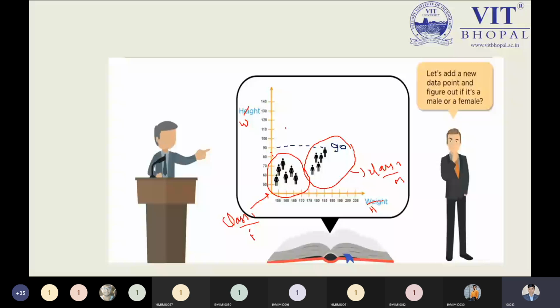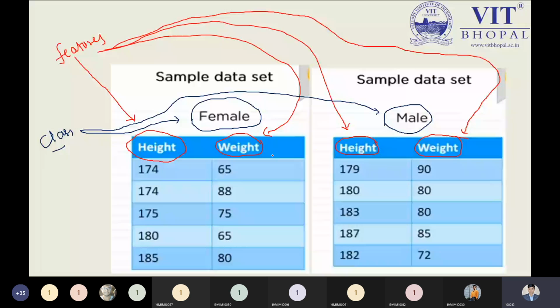From this point, let's add a new data point and figure out whether it is male or female. The data is given in the sample data, and on the sample data we are producing something over here.